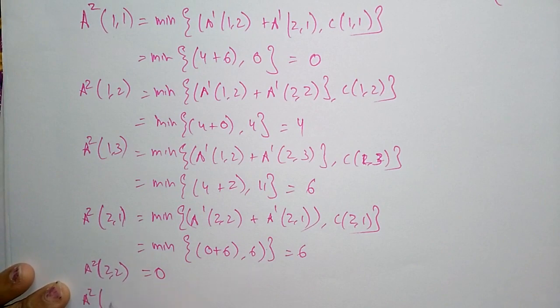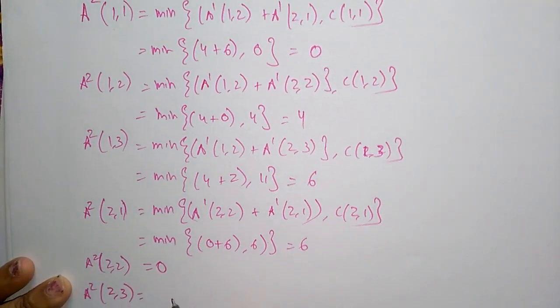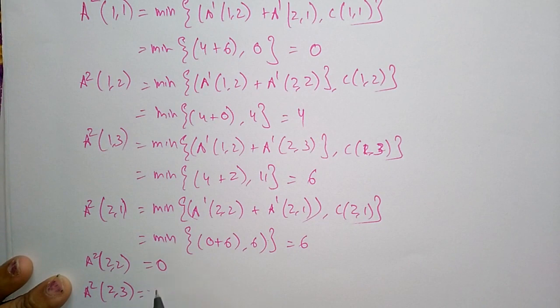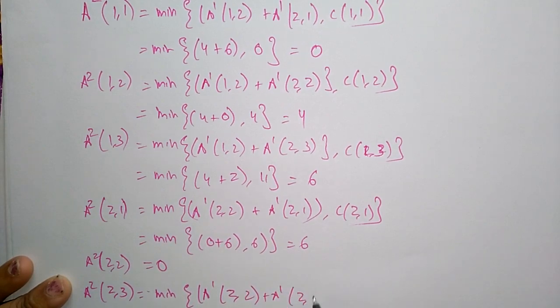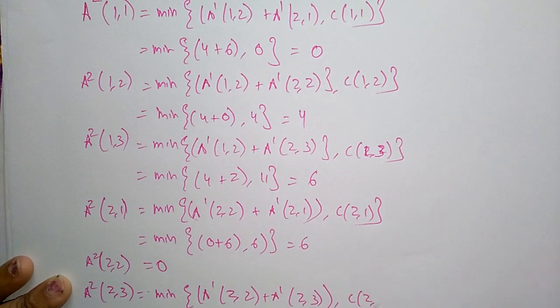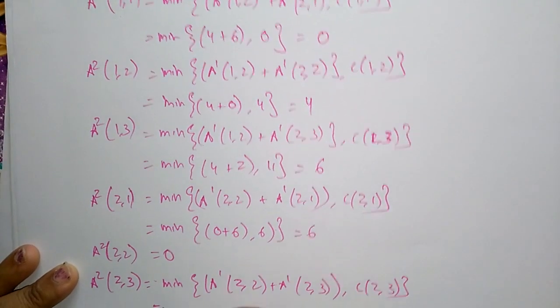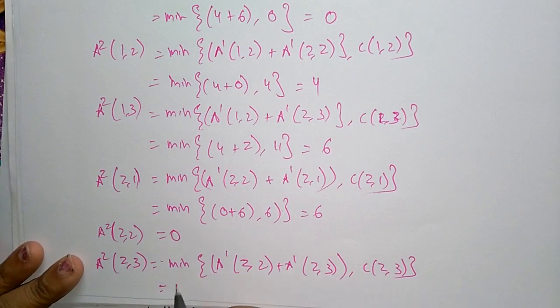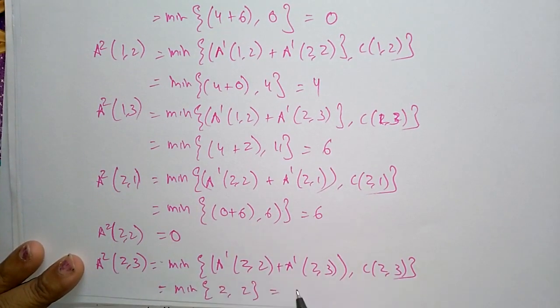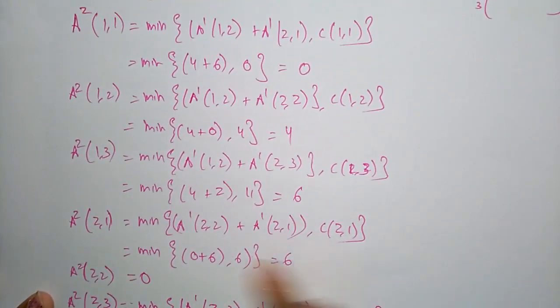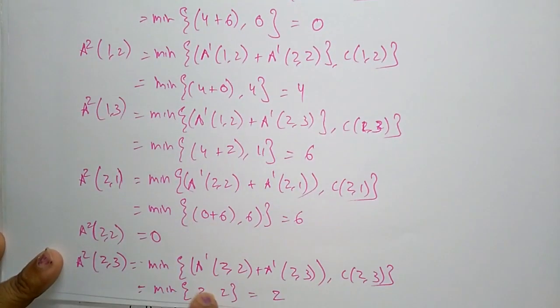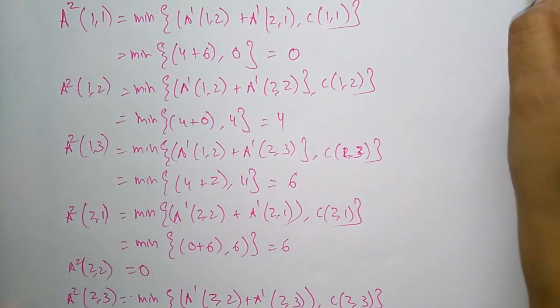And A2 of 2 comma 3, the second row and third column, is the minimum of A1 of 2 comma 2 plus A1 of 2 comma 3, C of 2 comma 3. So that is 2. So what are the values for the second row? 6 0 2.